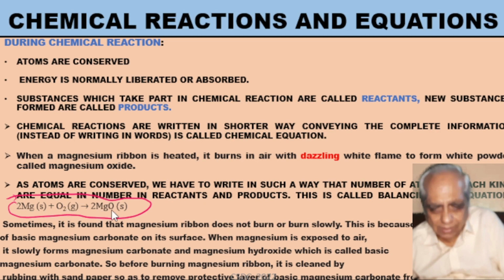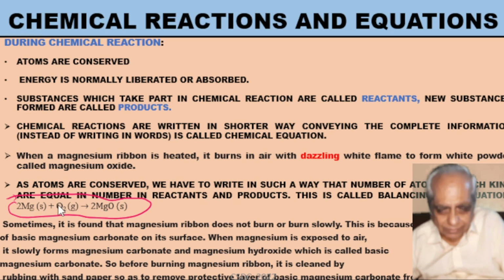So my reactants are magnesium and oxygen, and the product is magnesium oxide. Now I have balanced this equation because oxygen gas has one molecule having 2 atoms, so we have to write O2. Magnesium has only 1 atom in this molecule. Magnesium oxide has 1 atom of magnesium and 1 of oxygen.